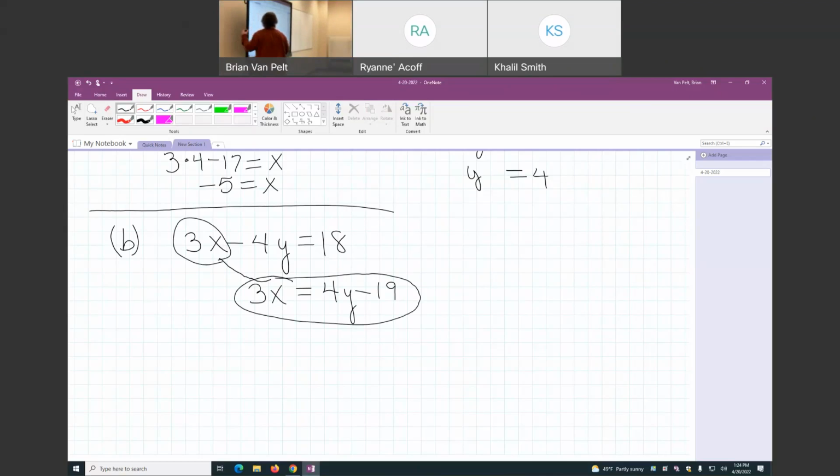So you're just going to write 4y minus 19 in that spot, right? It's exactly right. So that becomes 4y minus 19. So there, you see the 3x there? 4y minus 19? That's 3x. The 4y's cancel.